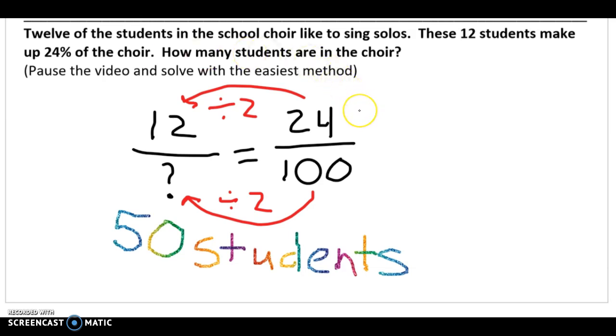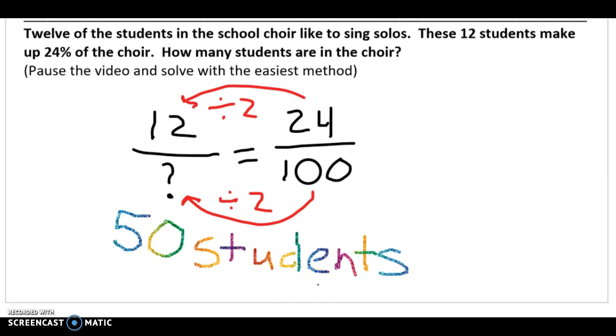So when I set up my percent as a ratio, I have 24 over 100, and I know that part of my students is 12, but I want to know out of how many total. So how do you go from 24 to 12? You divide by 2. So what do you do to your 100? Divide by 2. So that means that 50 students are in the total choir.